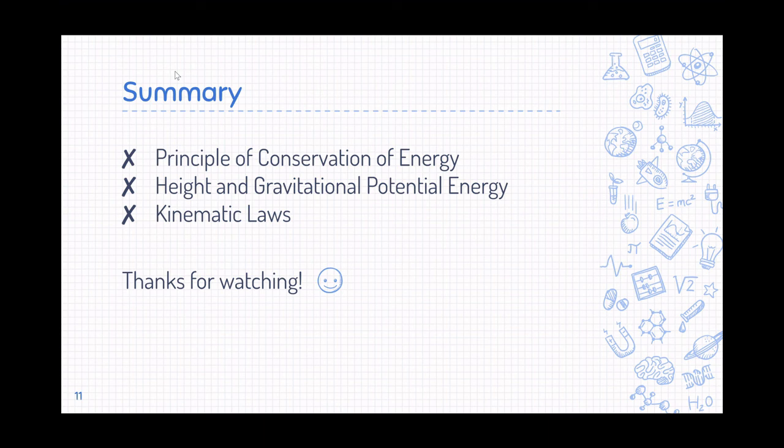We also learned how height and gravitational potential energy are directly proportional. This means that any gain in vertical height would mean a gain in gravitational potential energy and vice versa. And lastly, we learned about the three kinematic equations and how to use these equations to solve for kinematic problems.